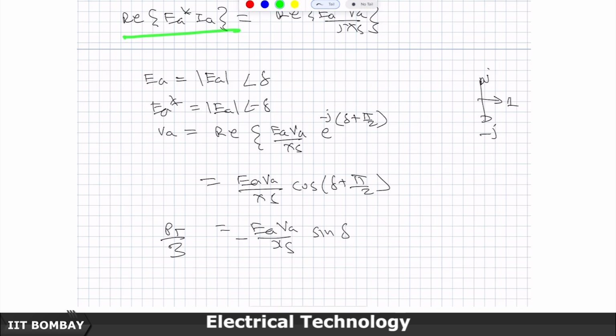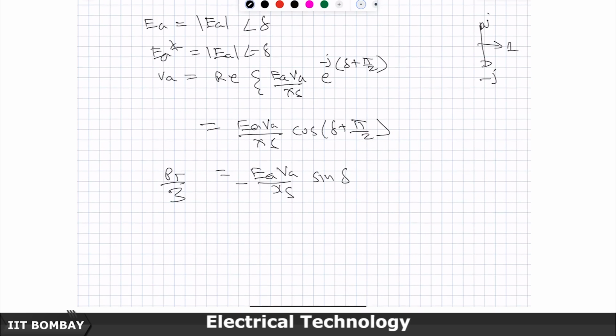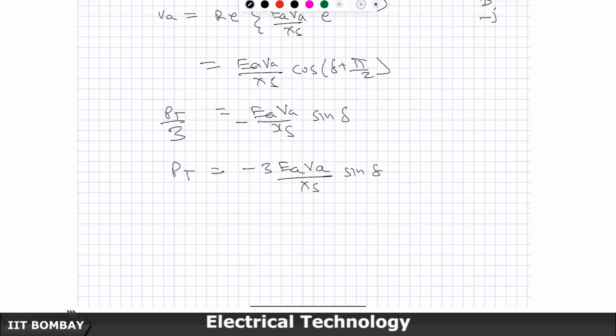This is the power associated with the A phase, but the power associated with A phase is what? The total 3 phase power divided by 3. So, therefore, P_T by 3 becomes equal to this, or in other words, P_T becomes equal to minus 3 E_A V_A by X_S sine of delta.